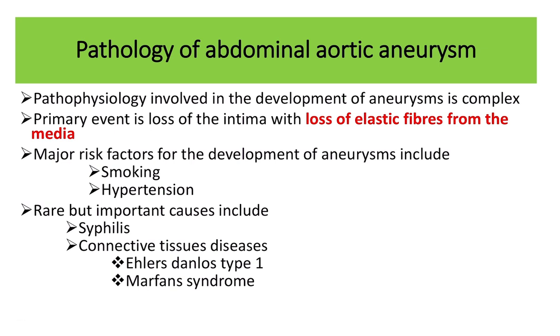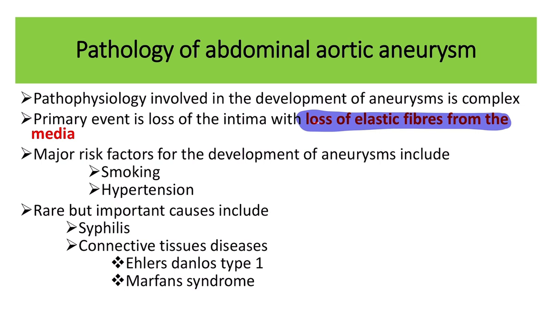So what is the primary event? Here, marked in red, is the loss of the elastic fiber from the tunica media. And what are the major risk factors? This is also important.